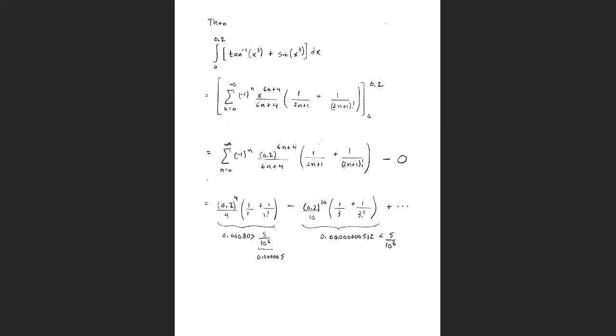The indefinite integral is equal to this power series. For the definite integral, all I need to do is substitute into the power series 0.2 and 0, right? And that's what I do here. There's no constant of integration anymore. We have a definite integral now.